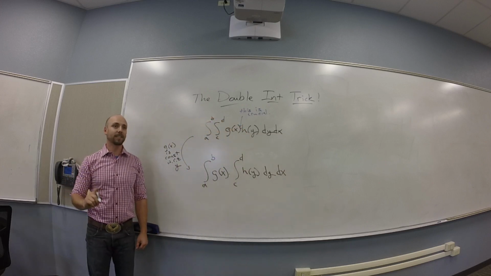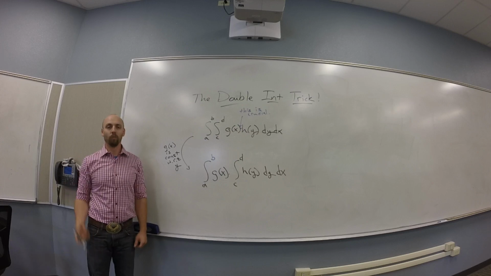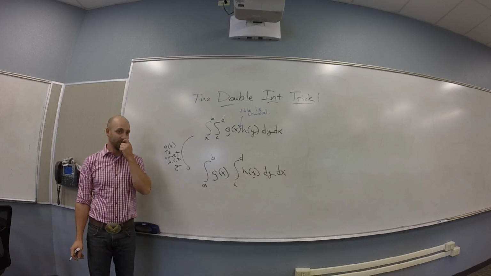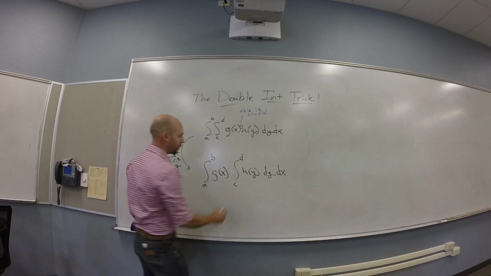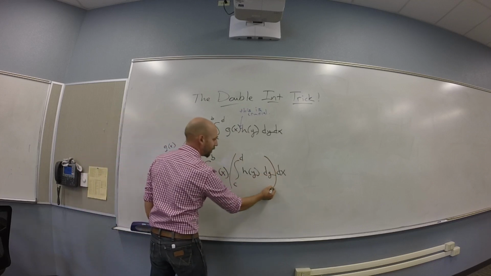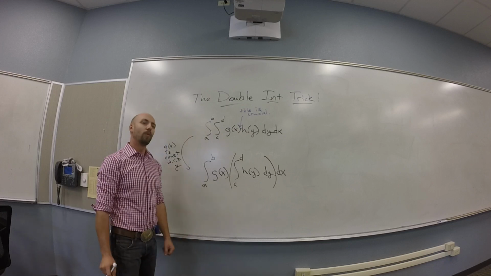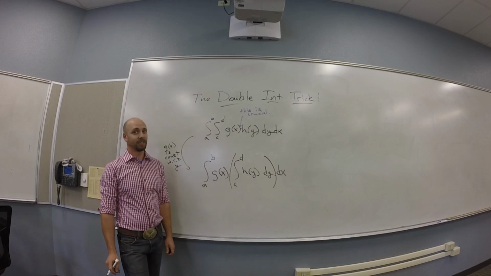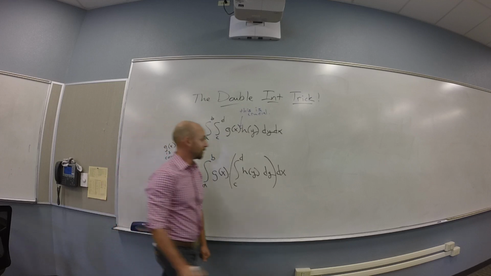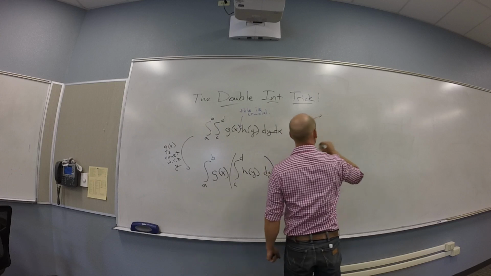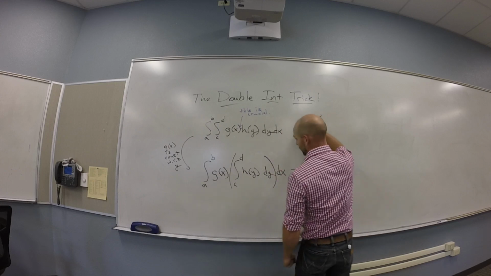Now, how are you going to execute this? What's the thing you're going to do first? You do the inner integral with respect to y. Yeah, you're going to do this integral here. But what is that with respect to x? Constant. That's constant with respect to x, right? So you can put it on the outside.